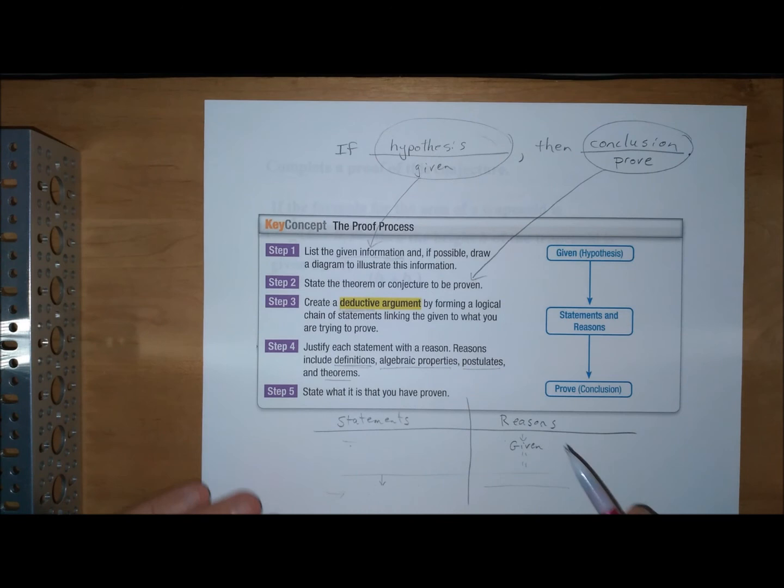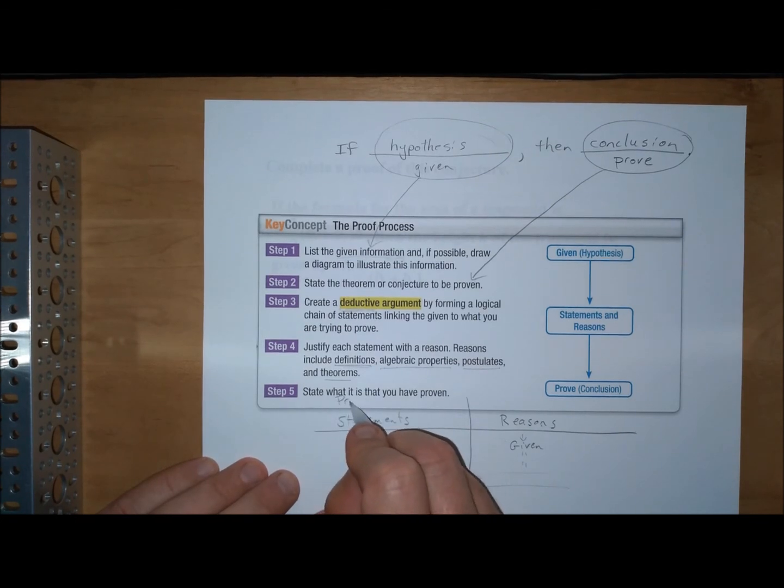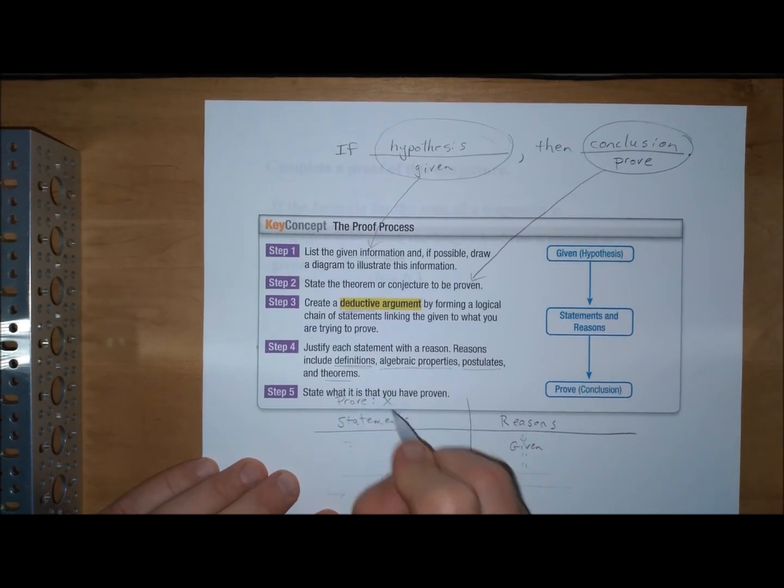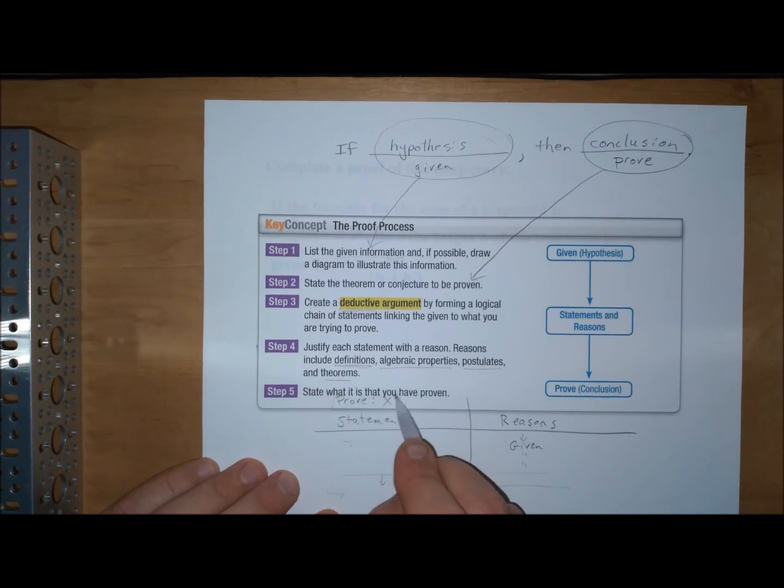All right, and then finally, hopefully you get to your last statement, let's say we were asked to prove X, that would have been up top, okay? That's going to be like our compass, like our GPS, keeping our eyes on the goal, where we're headed. If you finally get to a last statement where you have stated X, and you've justified it with a reason, then you are done your proof, okay?